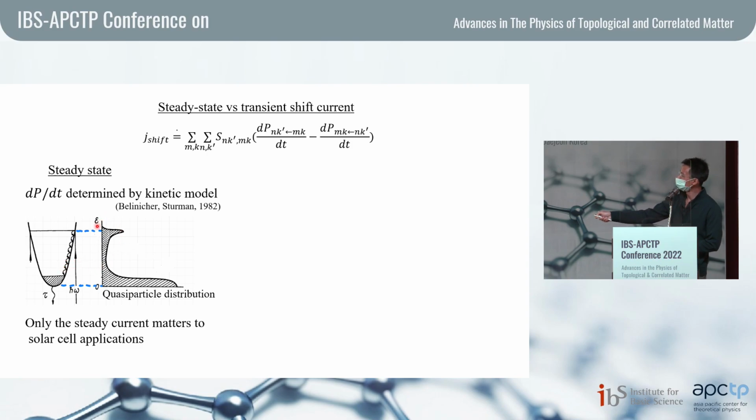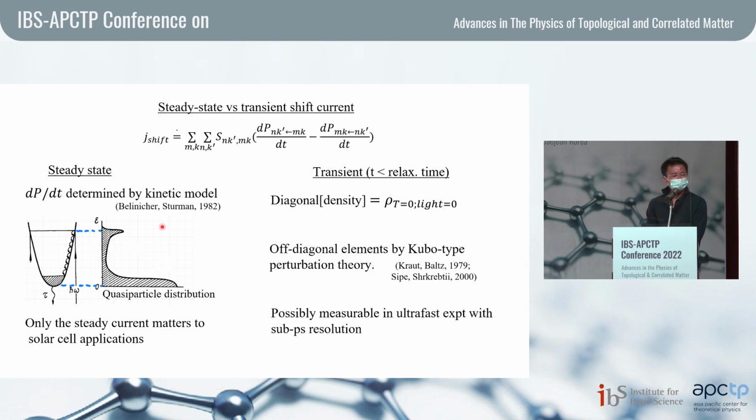And so this determines this quasi-particle distribution, which is then an input to calculating these transition rates. And it should be remarked that only the steady current matters to solar cell applications, right?